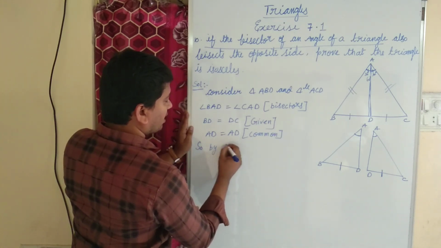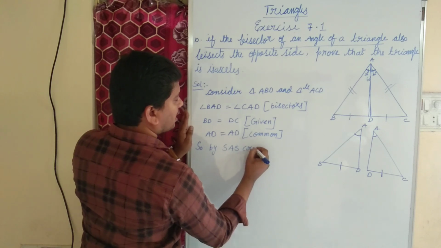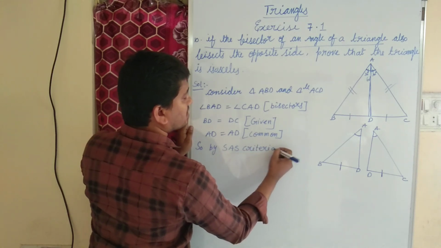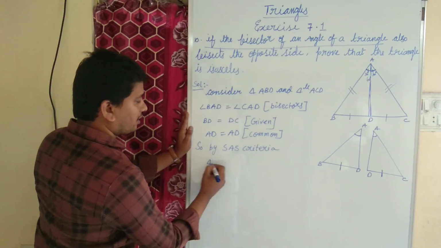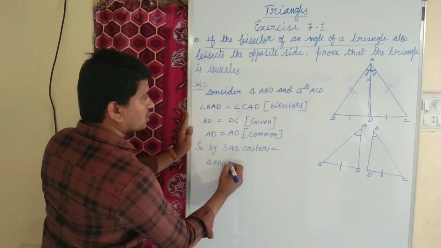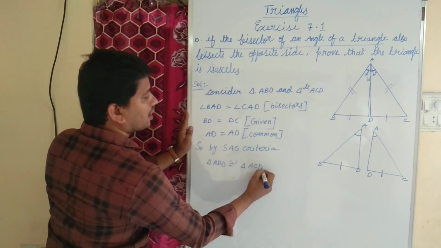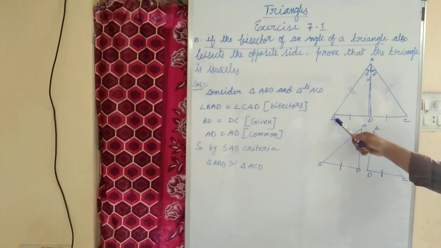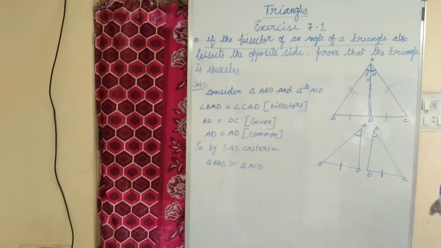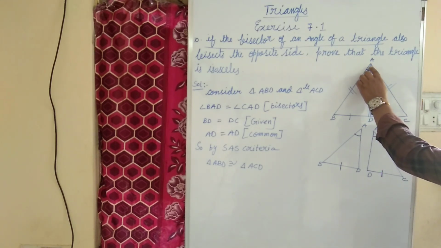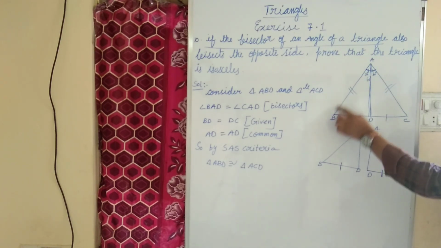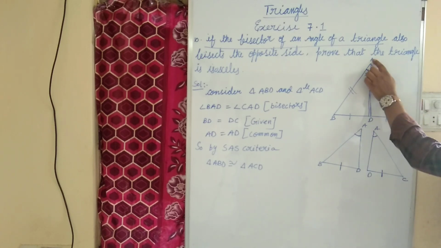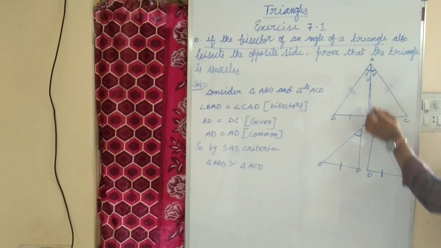So by SAS criteria, I can say that triangle ABD is congruent to triangle ACD. Simply, we consider triangle ABD and triangle ACD, as we know that it is a bisector, BAD equal to CAD, these two angles are equal, and BD equal to DC, AD equal to AD, common side.